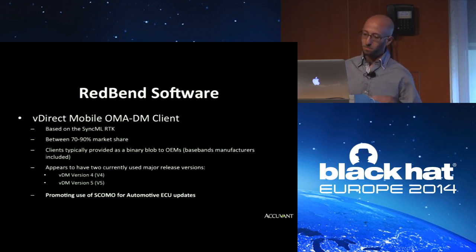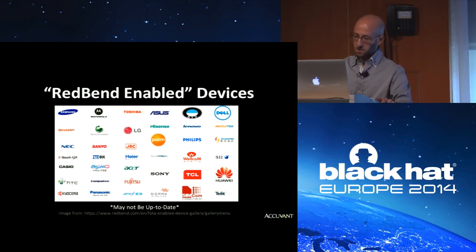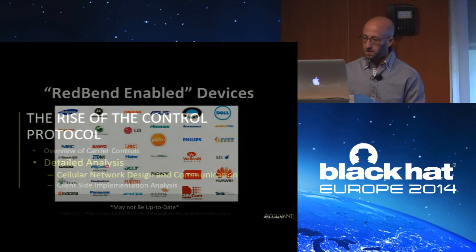Oh, and they're heavily promoting the use of SCOMO for automotive ECU updates. Here's a very small, somewhat outdated list of the type of devices RedBend currently runs on. You may have seen it before. Anyways, that's just a sample.